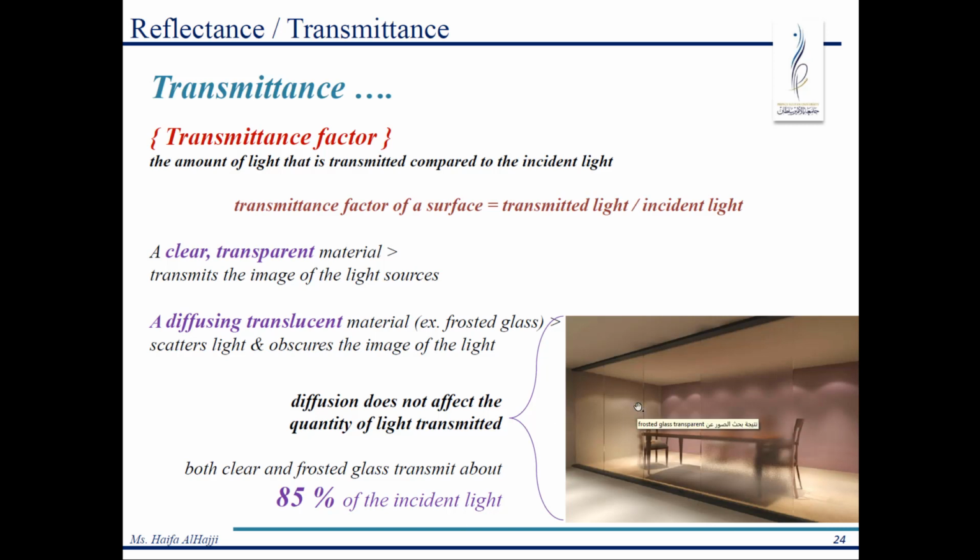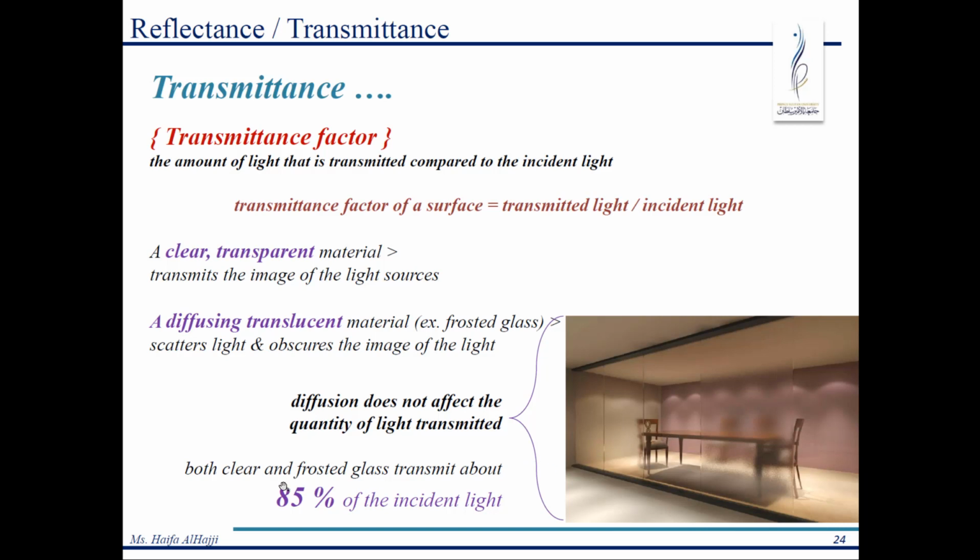As we can see, the light is coming from the inside of the space and getting outside. We can see it because the glass allows the light to travel from the inside to the outside. As we can see here, we have two types of glass: clear glass and frosted glass. There is something you need to learn: clear glass and frosted glass both transmit the same amount of light. They have the same transmittance factor.